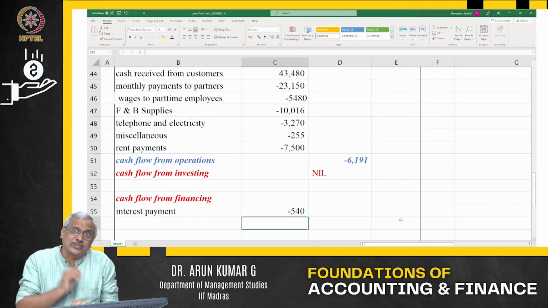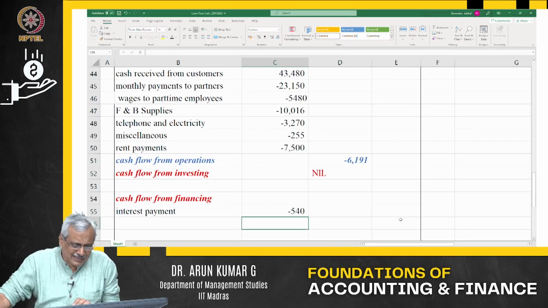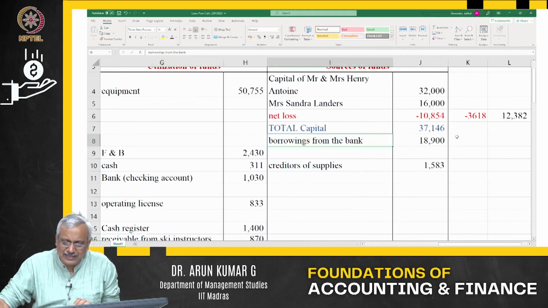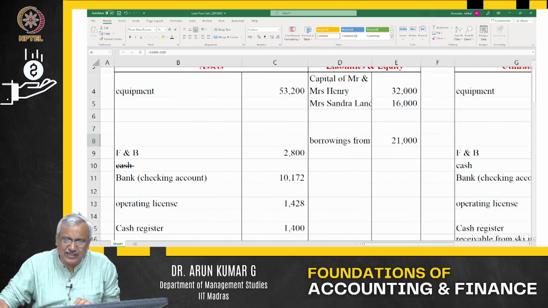Cash has gone out to the extent of $540. Next, if you look at the opening balance sheet, initially the borrowings were 21,000. If you actually see this, the borrowings have become 18,900. So from 21,000 to 18,900.